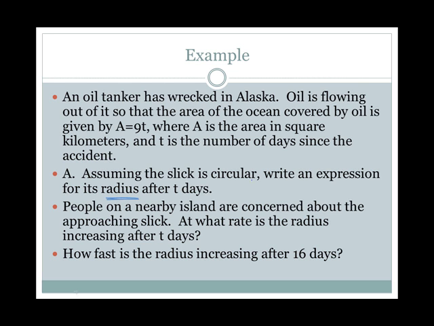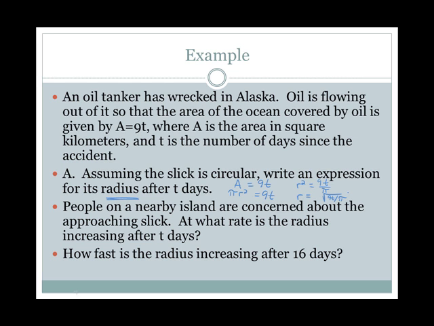But if we start with A equals 9t, we know that area of a circle is pi r squared, so we can write a formula for r in terms of t. So we'll get r by itself and then take the square root. So the relationship between the radius and the time is the square root of 9t over pi.